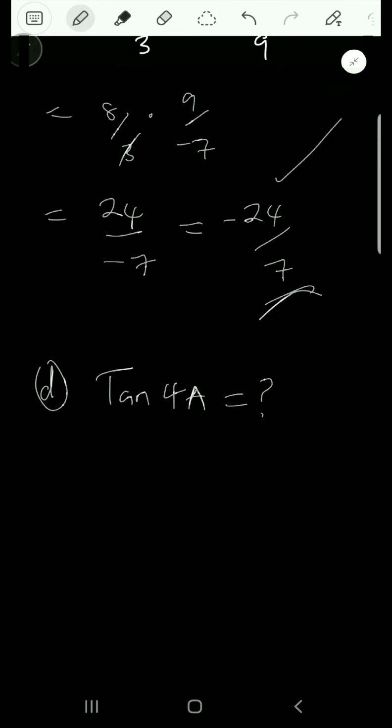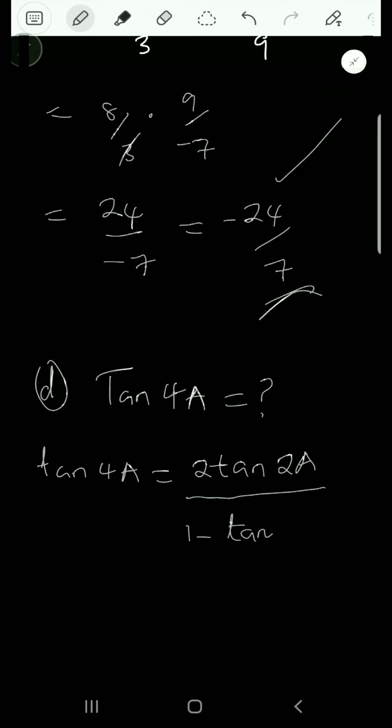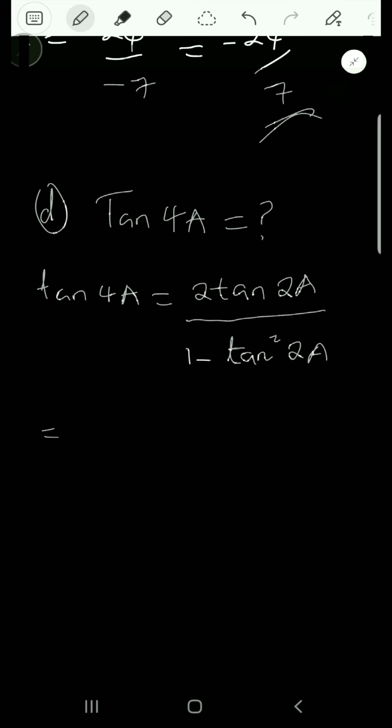Now we go to the last one, which is D. This is tan 4A. We're also going to double our previous identity, so we double our angle: tan 4A will be 2 tan 2A over 1 minus tan squared 2A.